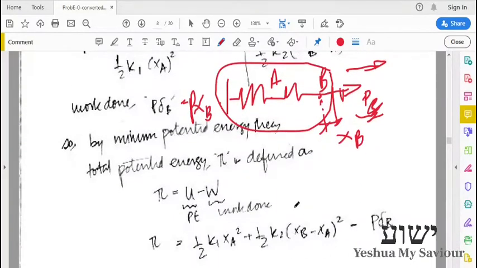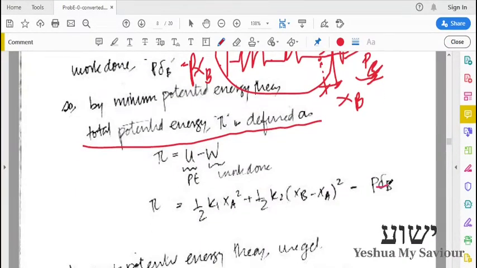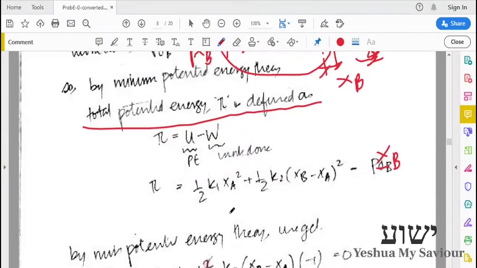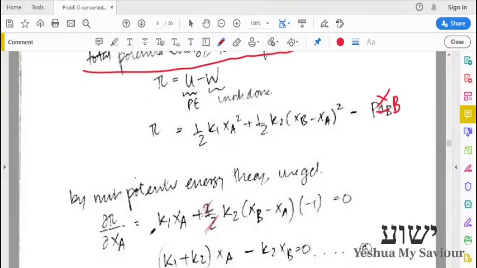So what we can see here is we can define the total potential energy as pi is equal to U minus W, strain energy minus work done. Okay. So by the principle of minimum potential energy, for a system to be stable, the second derivative should be greater than 0, and the potential energy should be minimum.